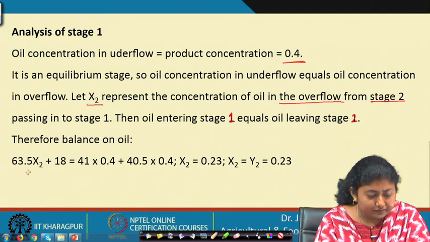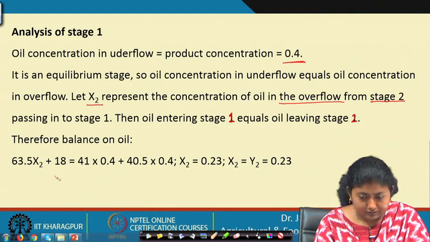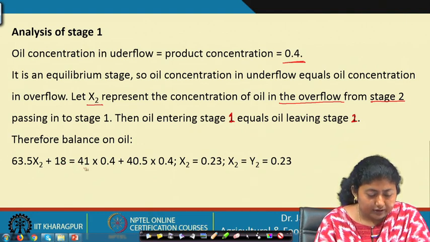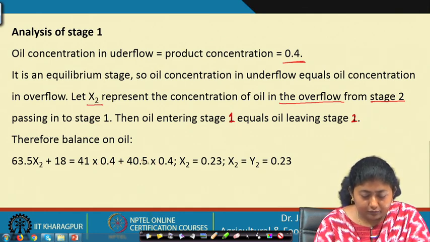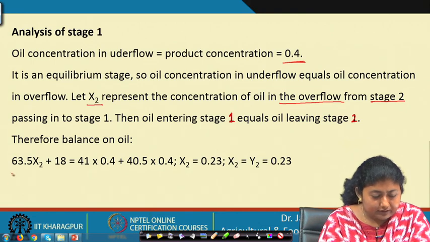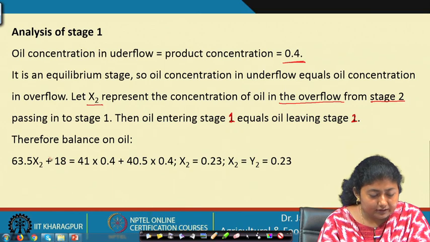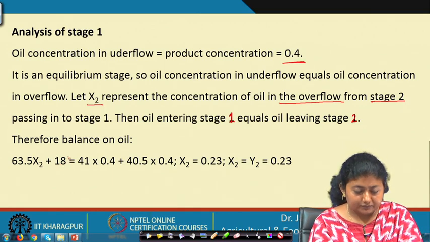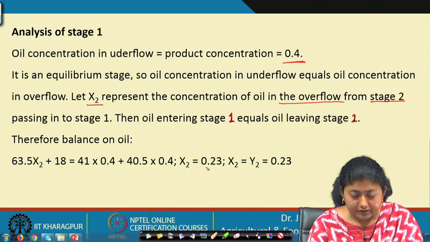So, 63.5, that is the solvent having x2 concentration, plus 18, that is the oil, will be equal to 41 into 0.4 plus 40.5 into 0.4. So, this is the underflow and the overflow, and this is the initial stream. The initial stream has x2 if we assume, and this 18 was in the feed stream. So, x2 we are getting is 0.23.